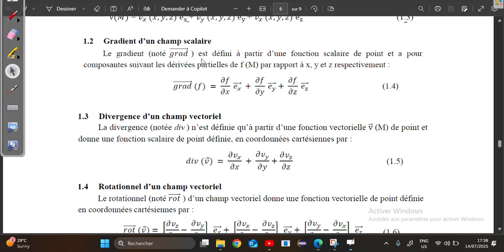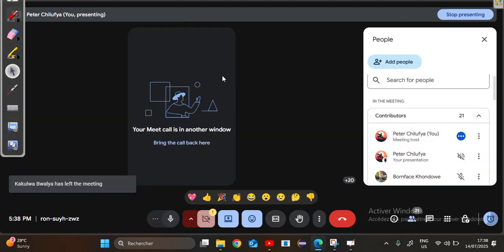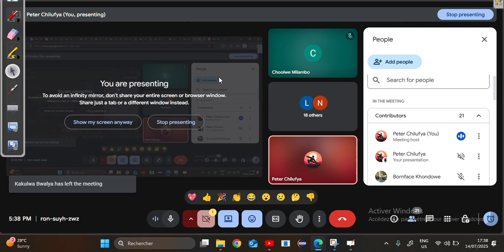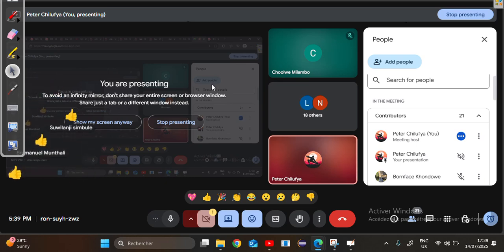So am I communicating, s'il vous plaît? These are the basis of our module. Am I communicating? I'll need your reactions. I've already received a few reactions.